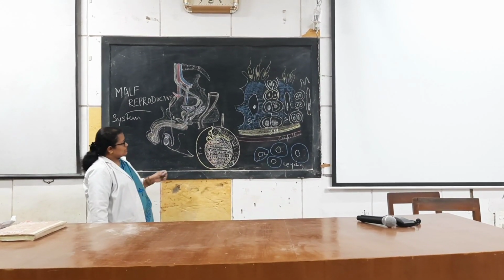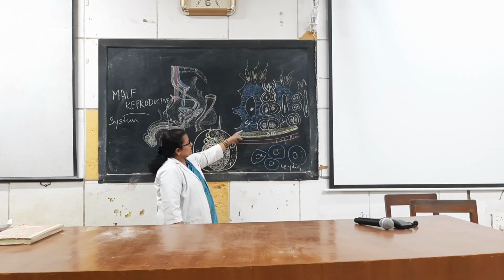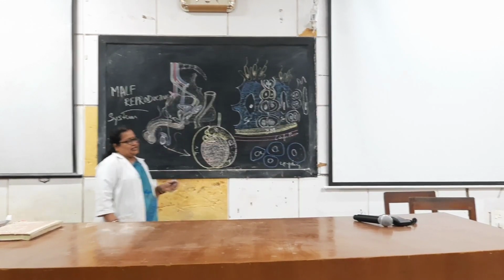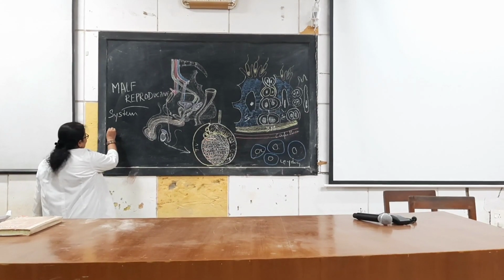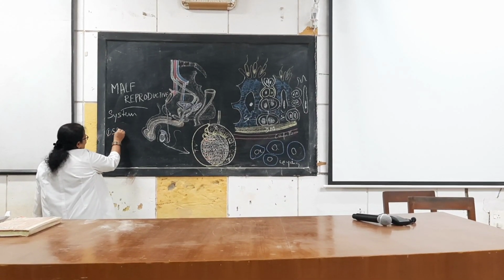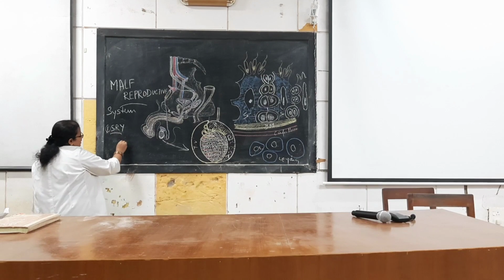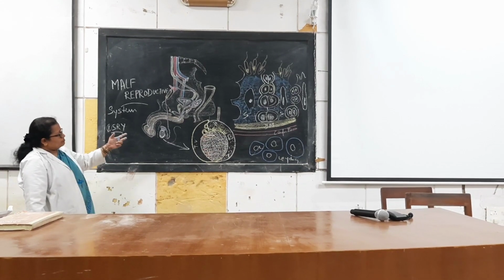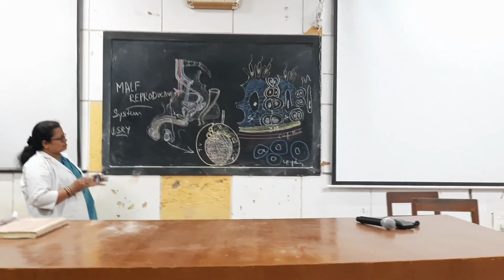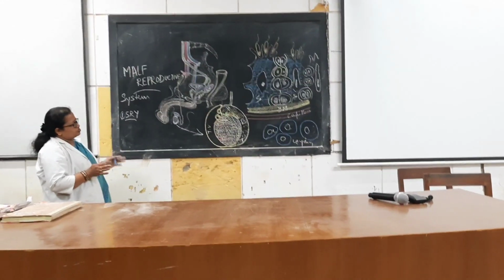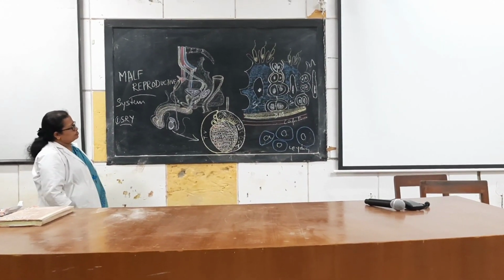The Sertoli cells are the first site where we can detect the SRY gene. We have already told you that they form the structural and nutritional support to the spermatogonial cells.